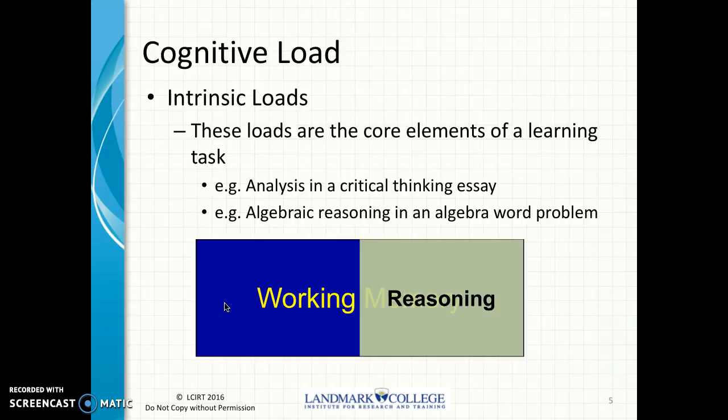So spelling can be an intrinsic load if your goal is learning spelling. Sequencing can be an intrinsic load if your goal is to learn how to appropriately sequence a problem. The key is knowing what your specific learning goals are.